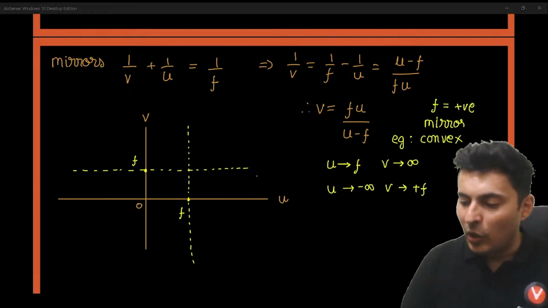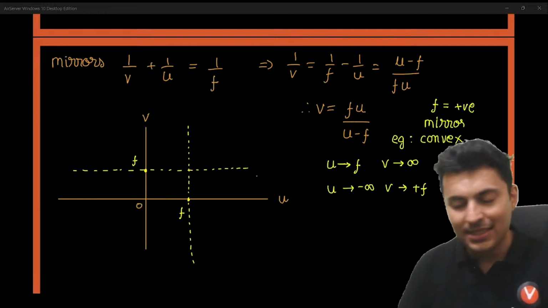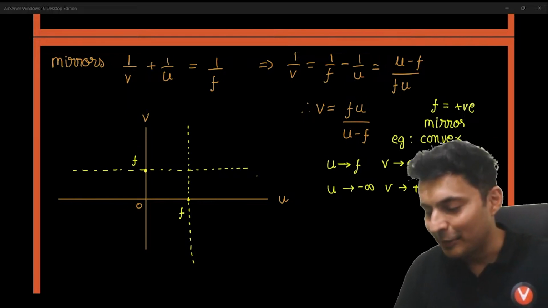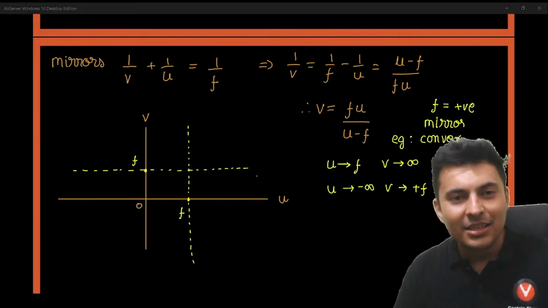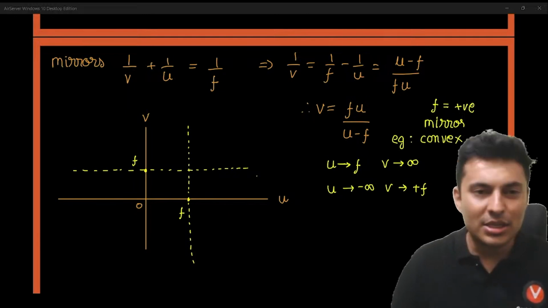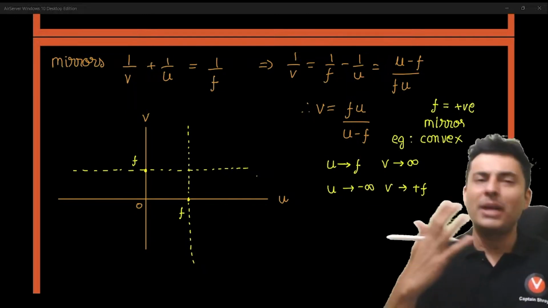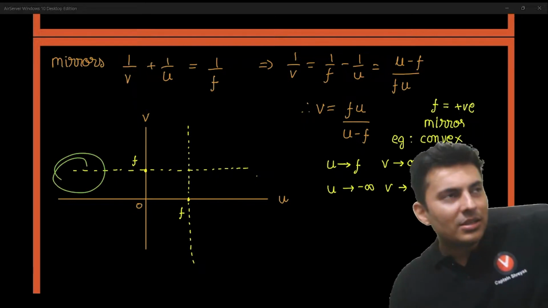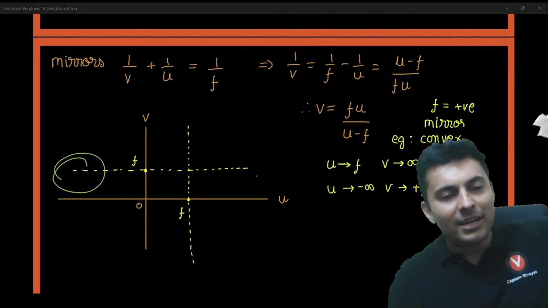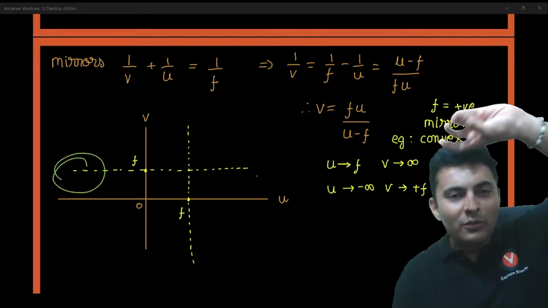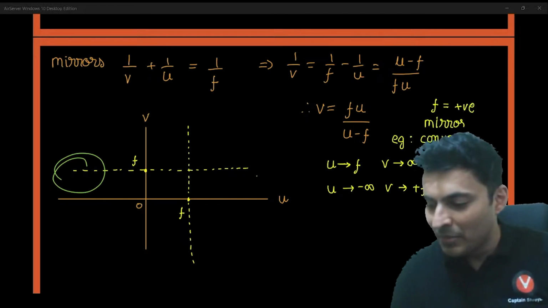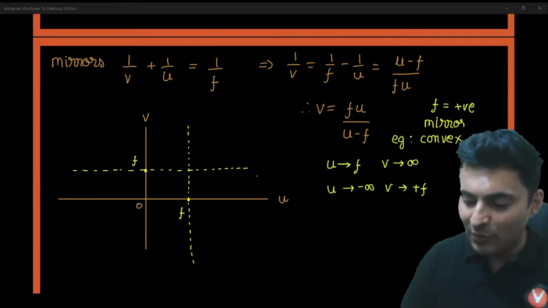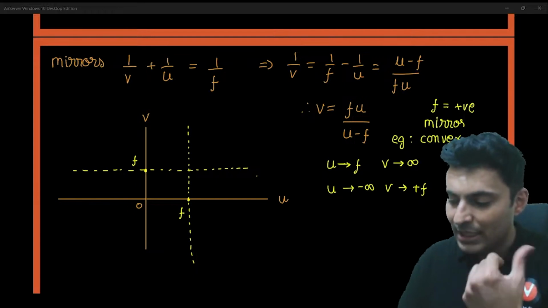Imagine if the object distance is negative. If the object is at minus infinity, very far away, the image is going to be formed at the focal point, and the focal point is positive.